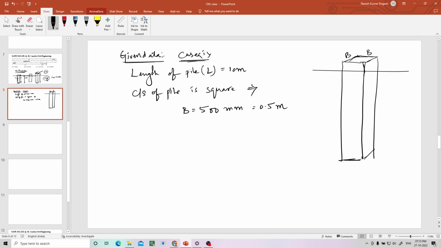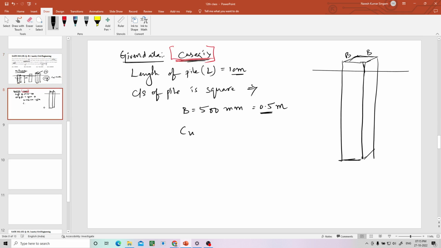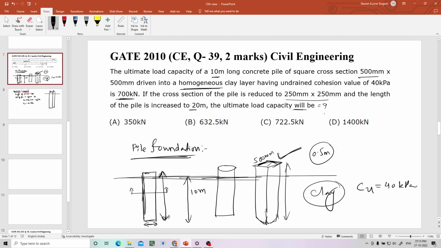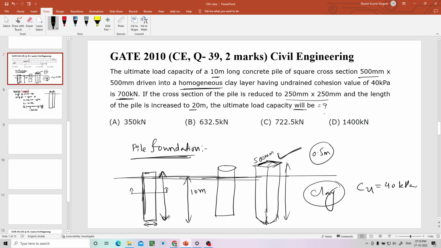Okay, the length is, in the case 1, the length is 10 meter, b is 0.5 meter, and Cu, undrained cohesion, is 40 kPa, and the strength of this, the bearing capacity of this pile, if you denote it by q, in the compressive load, compressive capacity, that is given as 700 kN, right?